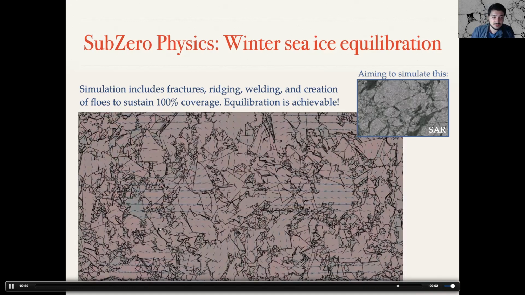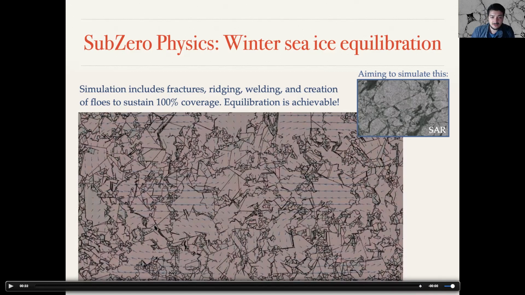Eventually you generate quite complicated shapes. The polygonal shapes are very complicated, and they somewhat resemble the SAR images that we observe, meaning that sea ice is not made of well-rounded shapes, but has quite a complicated structure to it.